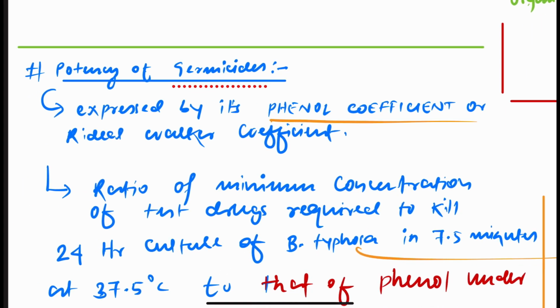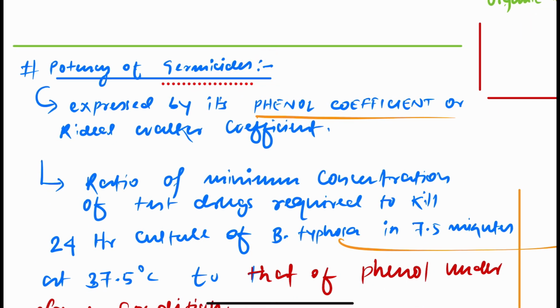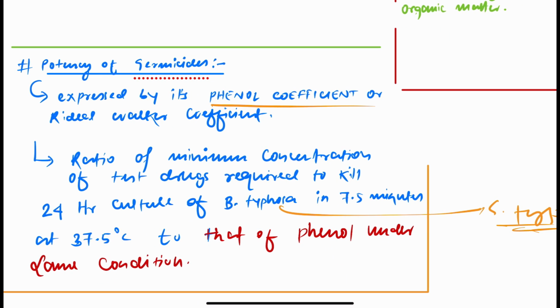तो नाउ कमिंग टू द पोटेंसी ऑफ द जर्मिसाइड्स. तो व्हाट इज पोटेंसी? पोटेंसी मींस उसका कितना ताकत है या कुछ रेफरेंस के हिसाब से उसका कंपैरिजन है, जैसे कि एक्सप्रेस बाय इट्स फेनोल कोफिशिएंट और द Rideal-Walker coefficient.